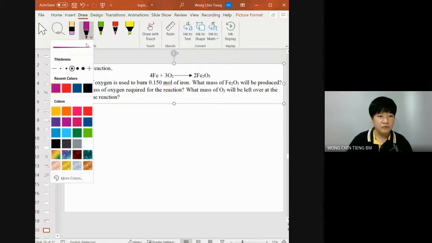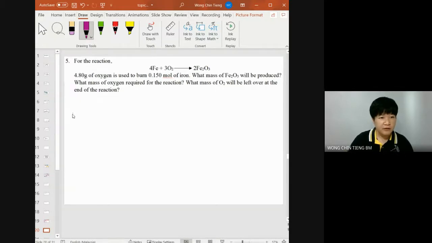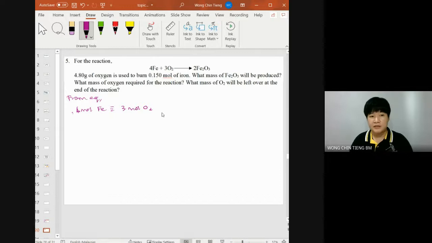So, what do we do? From the equation, compare the 4 mole of Fe to 3 mole of O2. We need to find the number of mole O2 needed. Therefore, given mesti ambil Fe. I have given 0.15 mole of Fe.